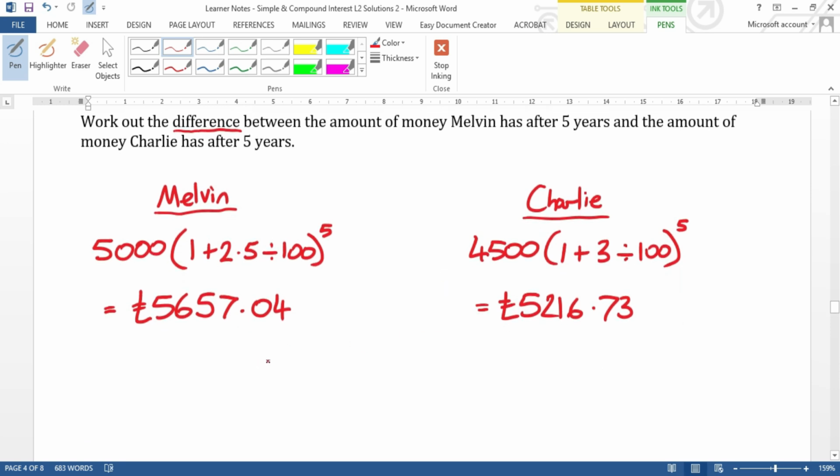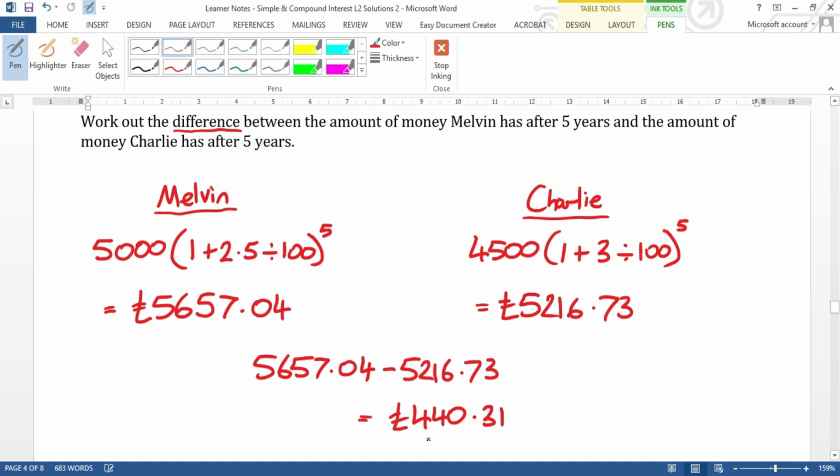So the difference is 5,657, the bigger one, take away the smaller one, which is that one, obviously, which gives me, let's type that in, 5657.04, take away 5216.73, should give me exactly £440 and 31 pence for my final answer.